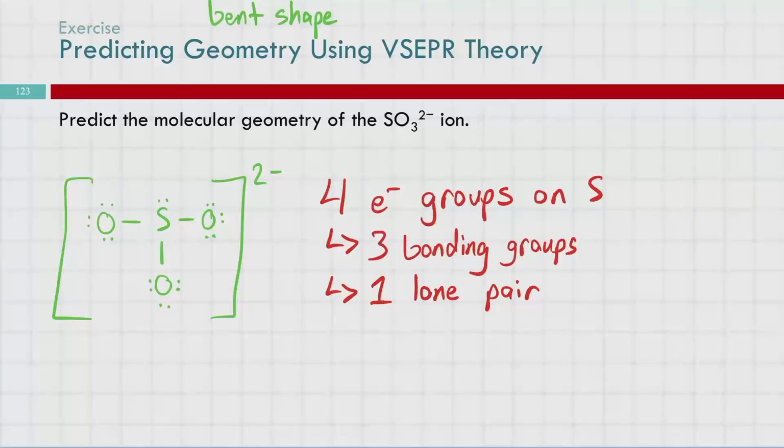So what would our molecular geometry be for this shape? Our electron geometry would be tetrahedral. And then we get rid of one of the groups, and now it's 3 groups that are showing. So it's trigonal. They're not flat, so it would be trigonal pyramidal.